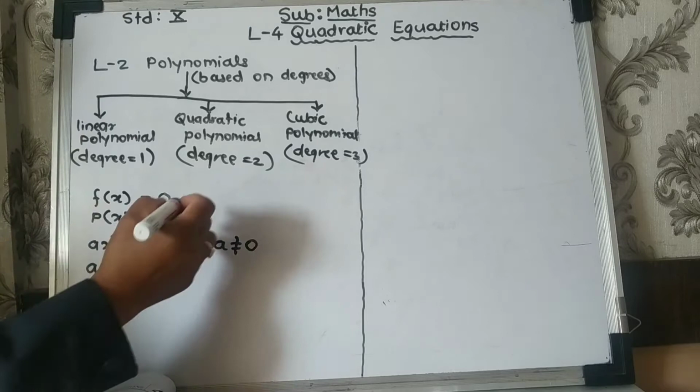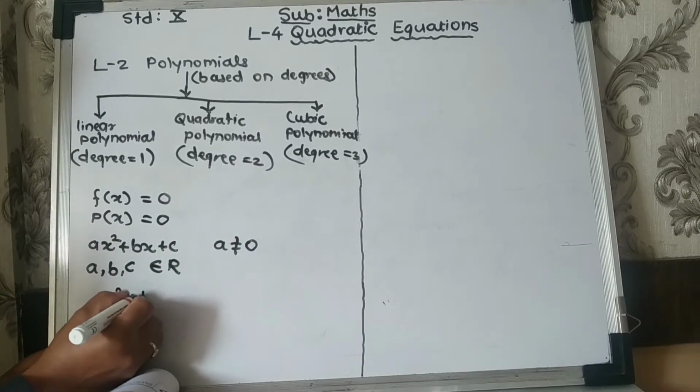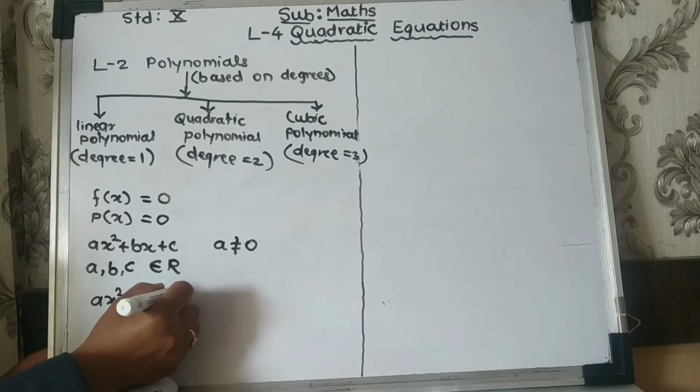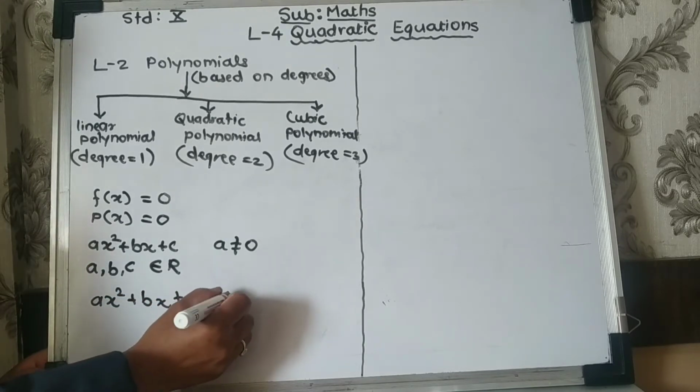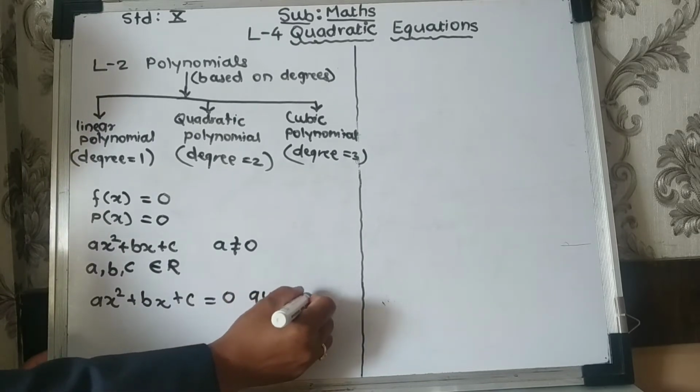Now when this quadratic polynomial equals 0, equates means equals to 0, then such a polynomial is known as a quadratic equation.